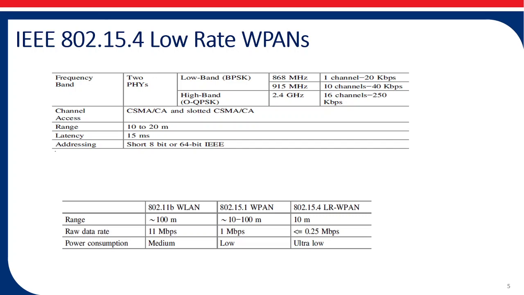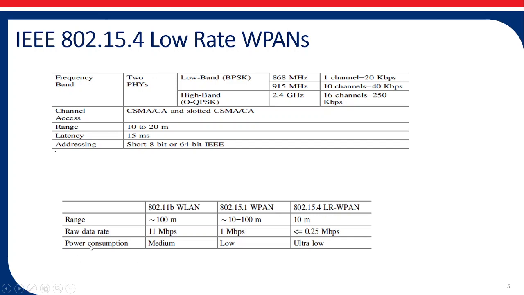The next table indicates the comparison between IEEE 802.11b, IEEE 802.15.1, and IEEE 802.15.4. The range is given as 100 meters for IEEE 802.11b, 10 to 100 meters for IEEE 802.15.1, which is a wireless personal area network, and 10 meters for IEEE 802.15.4, a low range wireless personal area network.